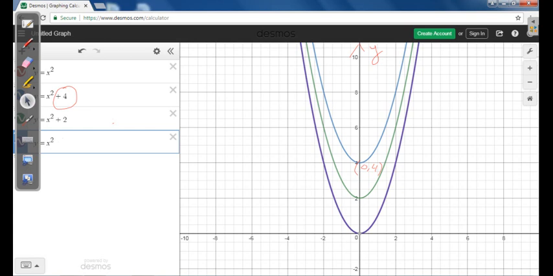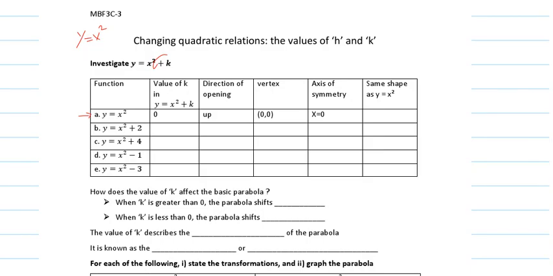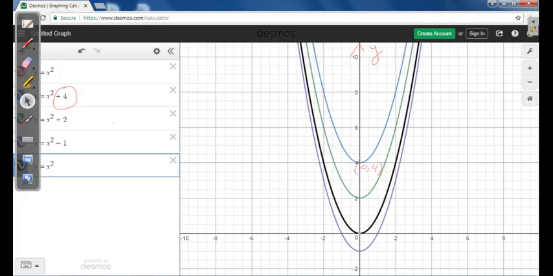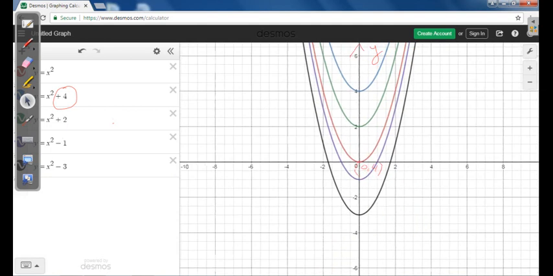And then what would be the last one that we have? y equals x squared minus 3. And for this one, you see that the vertex is now at (0, negative 3).